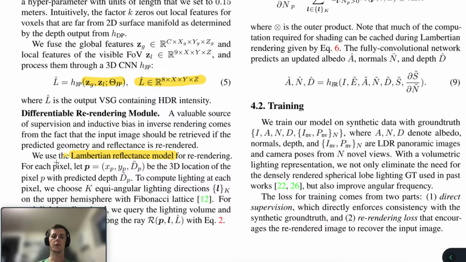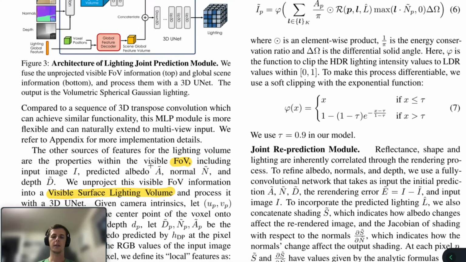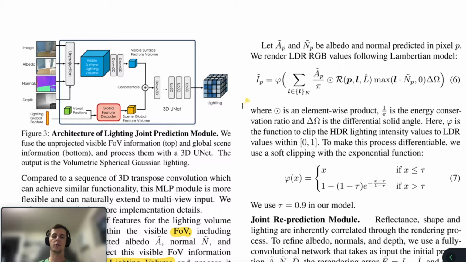For a given pixel it takes its position in image space and the depth, and also the albedo and normals, and using this equation for the Lambertian model, they can render the final color for a given pixel. To make this all differentiable, they have this soft clipping function, and they can use their re-rendering procedure to optimize the whole system.